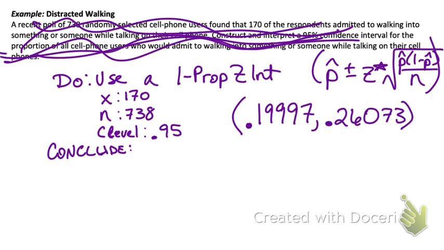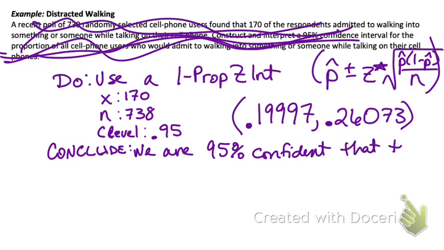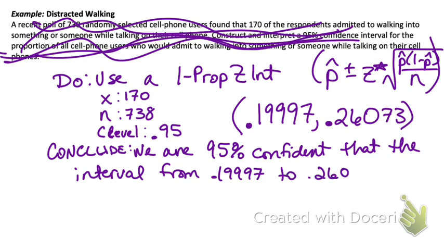All right, conclude. This is a sentence you should remember, or at least it should ring some sort of a bell. We are, what are we? Very, very 95% confident that the interval from 0.19997 to 0.26073.